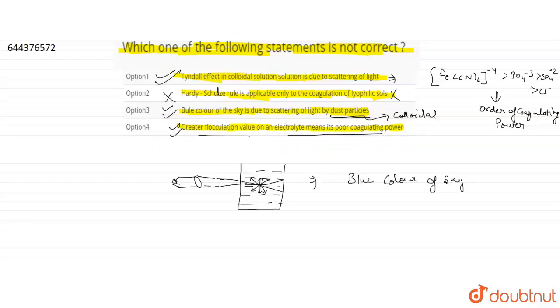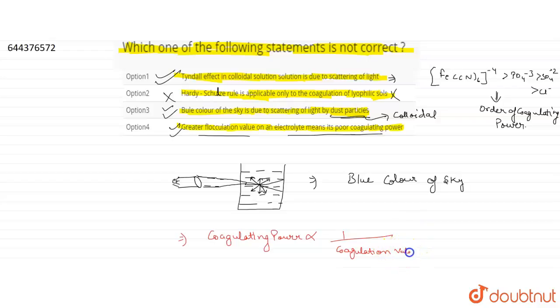This is the correct statement, and a very basic one. It means that when we have a higher coagulation value, it has poor coagulating power, according to the basic relation that coagulating power is inversely proportional to the coagulation value, which is also called the flocculation value.